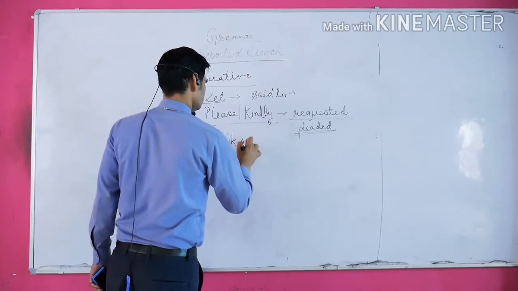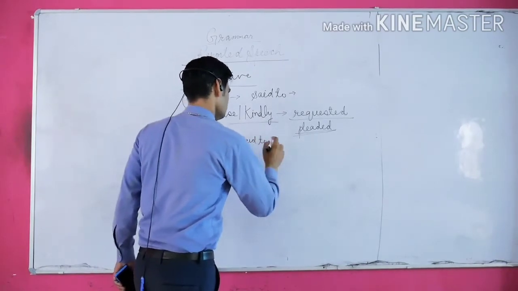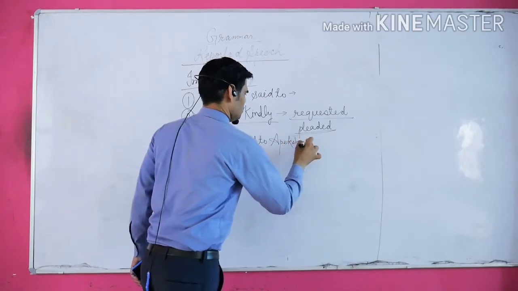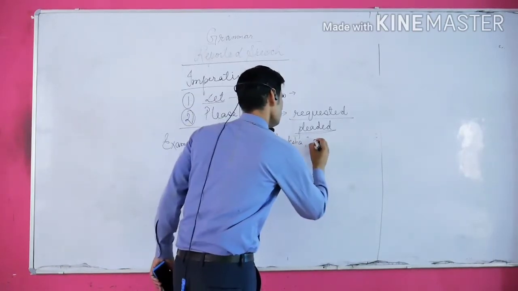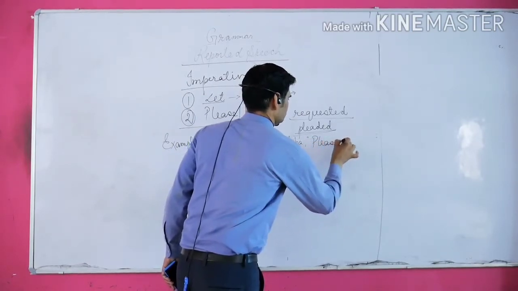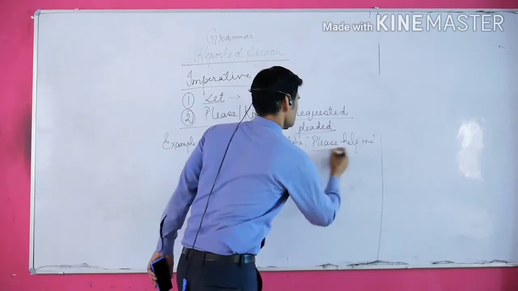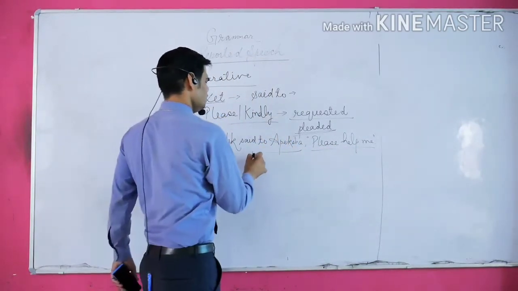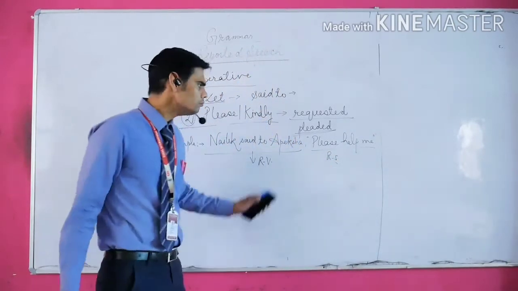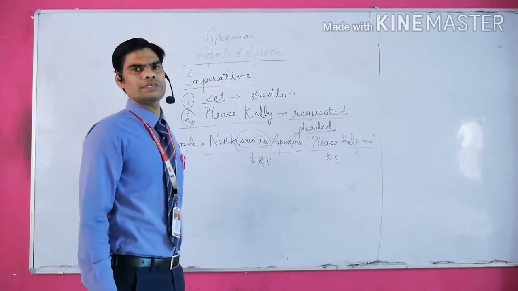Naitik said to Apeksha, please help me. This is RV. This is RS, reported speech. We have please here. So we will change this. Requested.